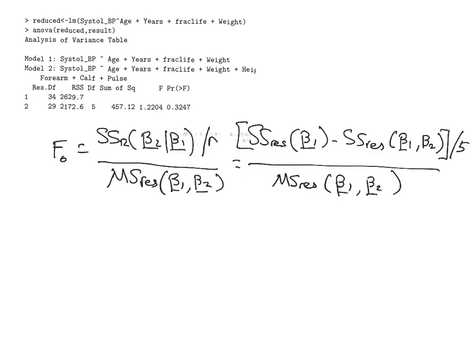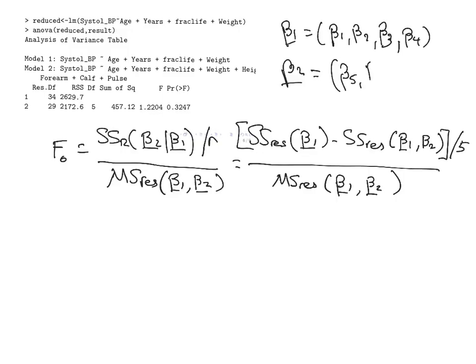So in this case, beta 1 represents the first 4 coefficients, and beta 2, the vector, represents those that we're looking to drop, all the way to beta 9, right?